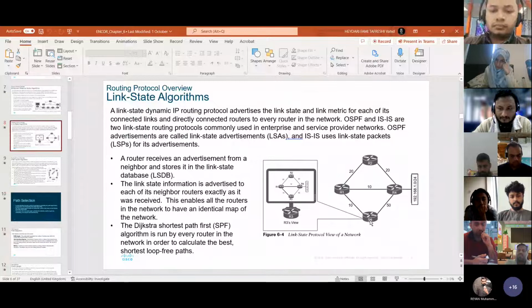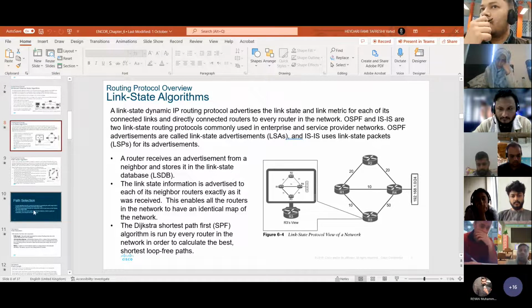If within the same scenario I have two paths, one through R1 to get to this subnet from R3, and another one through this way to get to this subnet from R3, I'm going to consider metric, and the lower the metric, the better. Therefore, within the same routing source, which is OSPF in this case, I'm going to send my traffic this way, not that way. So this is another rule.